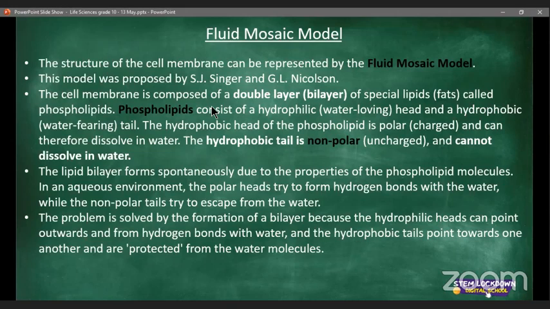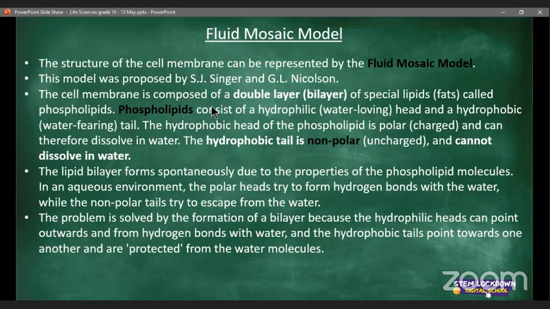So the hydrophilic head of the phospholipid is polar, meaning that it is charged and can therefore dissolve in water.